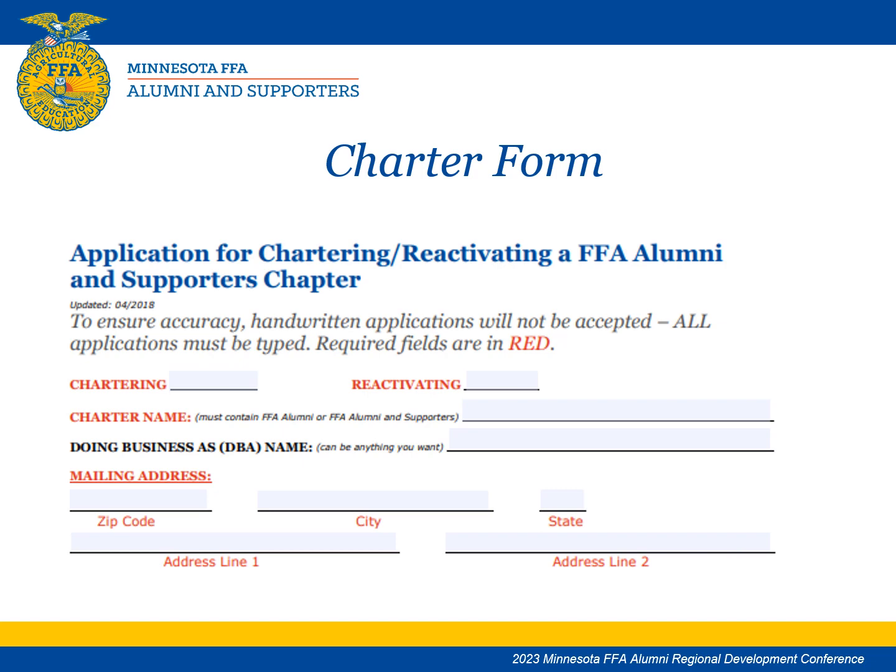Application for charter form needs to be completed, and if for any reason a chapter would go inactive, you would have to reactivate your charter as well. Now, the areas in red are required fields. However, the more information you can provide to us, the better to ensure that we have good communication throughout the entire charter chapter form with you.